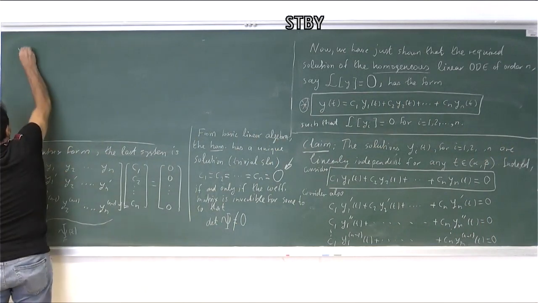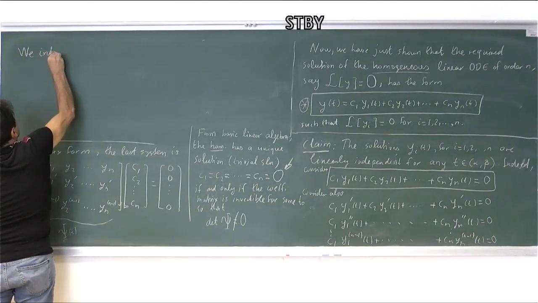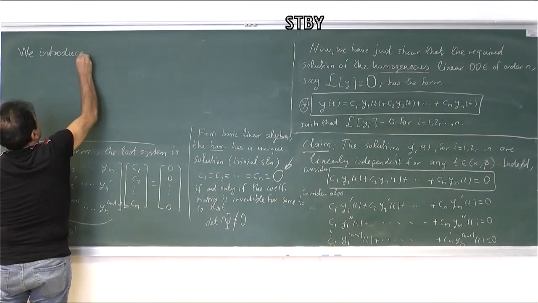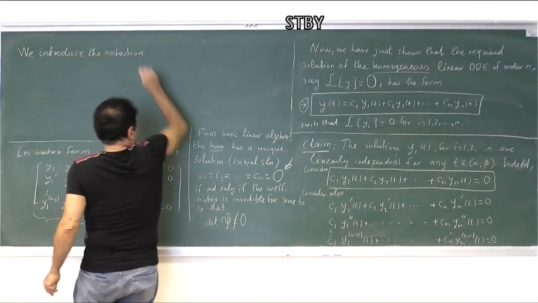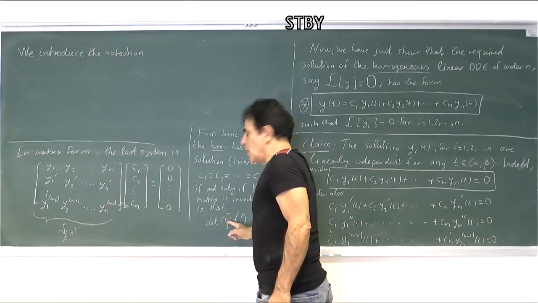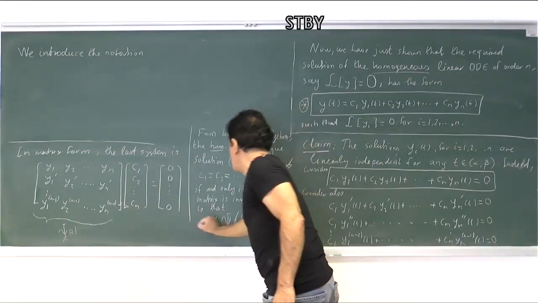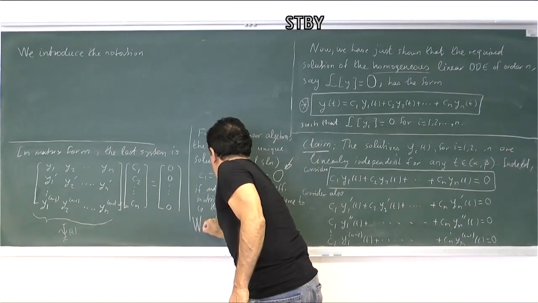We introduce the notation. As you see, this is the determinant of the fundamental matrix, which we denote by omega.